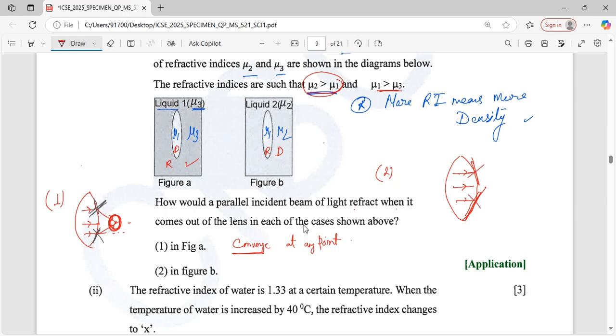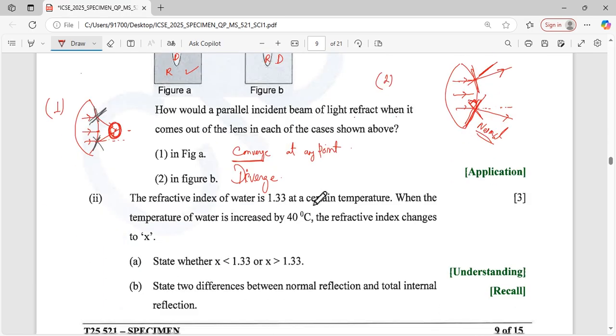I know that when light goes from rarer to denser, it bends towards the normal. Normal means 90 degrees, perpendicular. Towards normal, like this. So case B gives divergence. Okay.